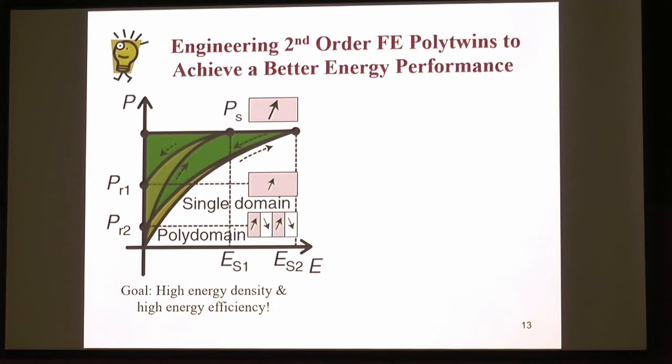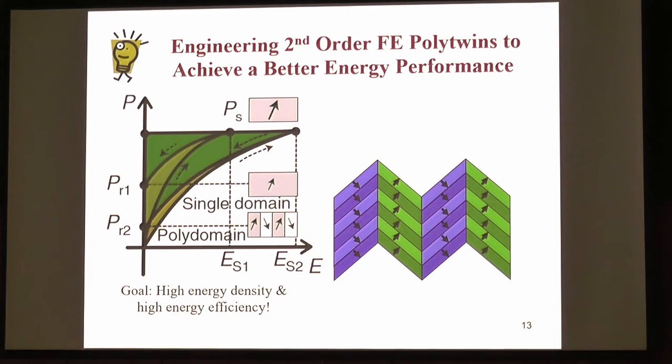Then you want to discharge, you reduce the field, then the polydomain structure goes back to its original stable structure, which is the head-to-tail polydomain with a zero apparent polarization. You can discharge almost all the charges you previously stored in the capacitor. So that structure is really good in terms of charge-discharge energy storage.